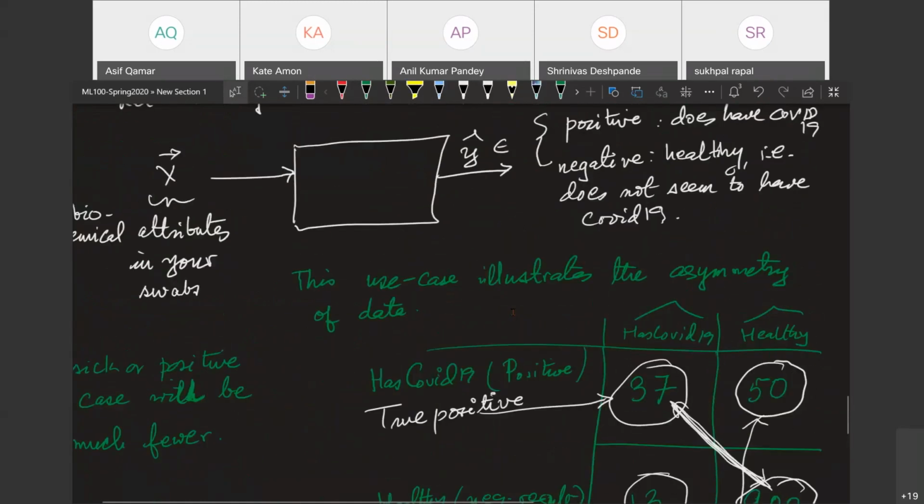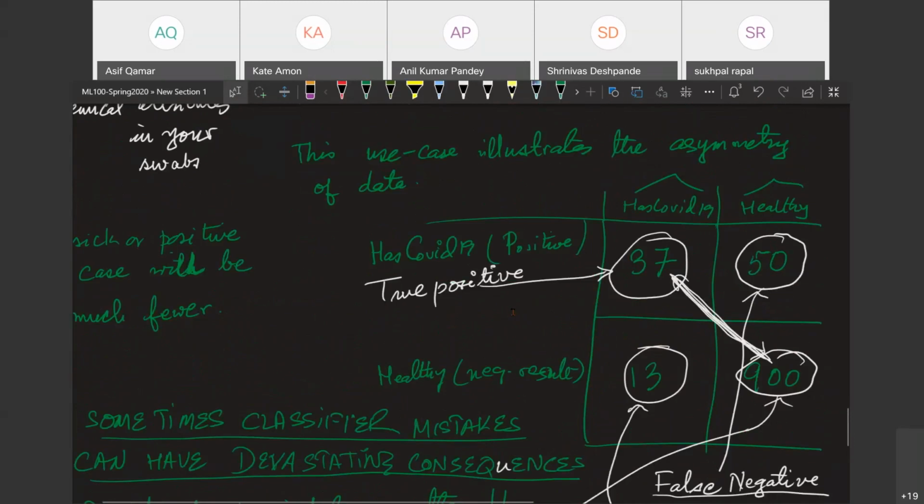So let me recap what I said. Whenever a classifier makes predictions, its measure of errors is given through a matrix, the confusion matrix. Why a matrix? A matrix is a grid of numbers. And that matrix is about true positives, true negatives, false positives, false negatives.